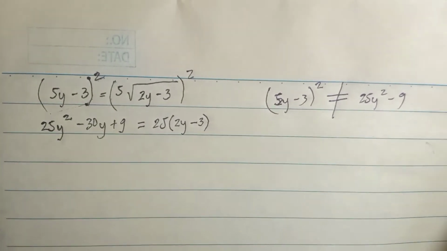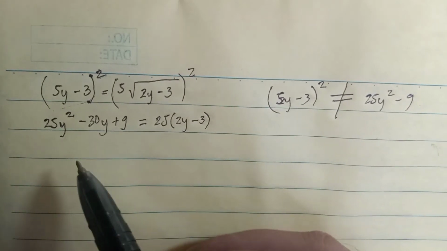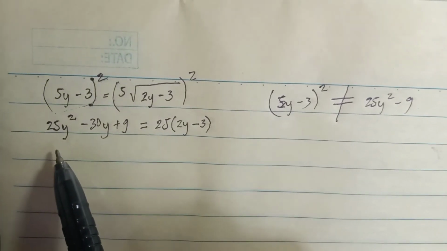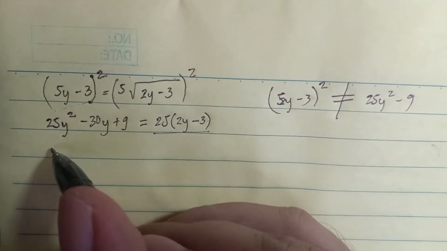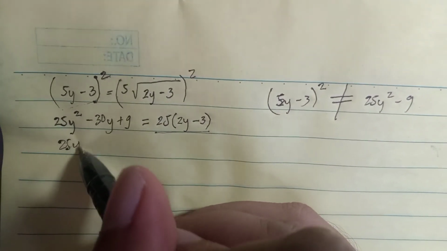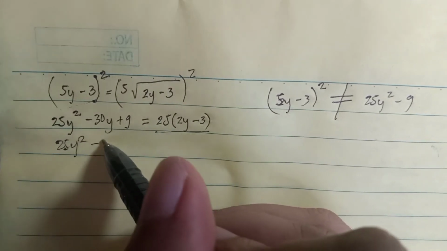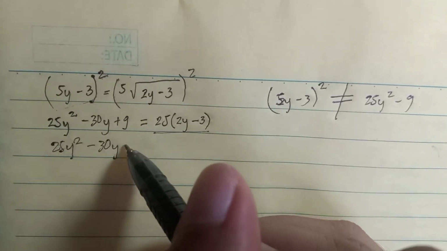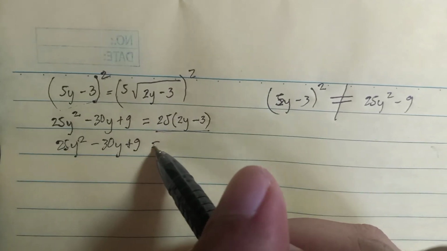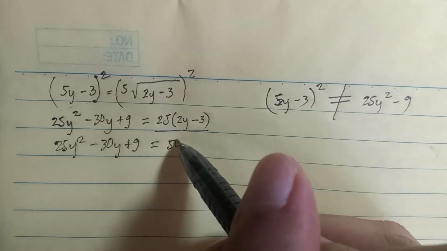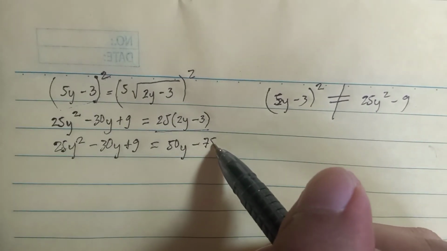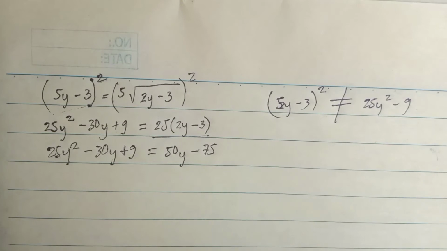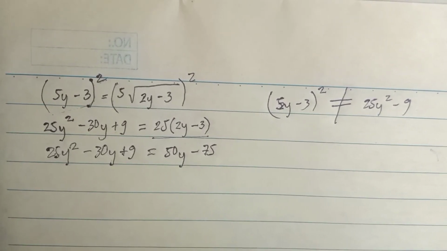So let's continue. We are going to simplify that side. So we have 25y squared minus 30y plus 9 equals 50y minus 75. So let's solve this one.